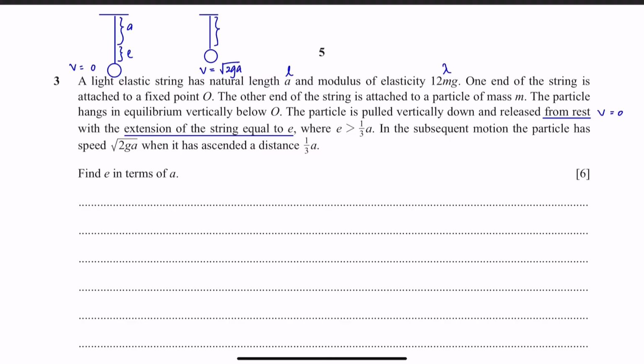So this distance here would be the distance when it's pulled down minus 1/3 of a, right? Because it has ascended a distance of 1/3 a. That means whatever here minus 1/3 a. So we have a plus e minus 1/3 of a. Alright?